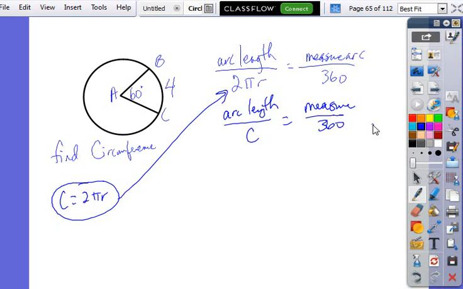Since that's what I'm looking for, I take out the 2 pi r and I replace it with C because those two things are the same. It makes the proportion a lot easier to work with. Arc length, where does the arc length always come from? The outside part of the circle. So that's 4 over C equals degree over 360. And now you have a very simple proportion you can solve.